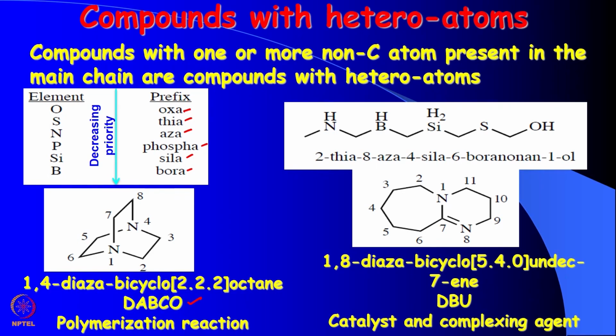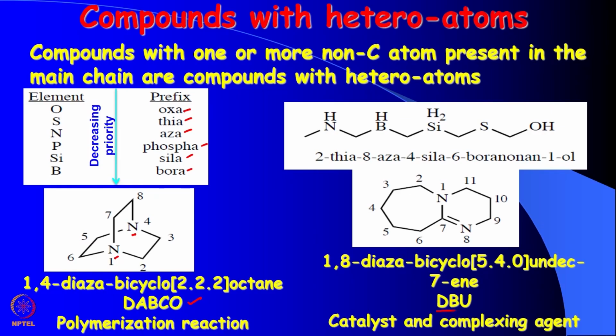This is nothing but a bicyclic compound containing heteroatoms. So, we write it as bicyclo[2.2.2]octane if it was just carbon, but then at 1 and 4 you have nitrogen. So, we write it as 1,4-diazabicyclo[2.2.2]octane.